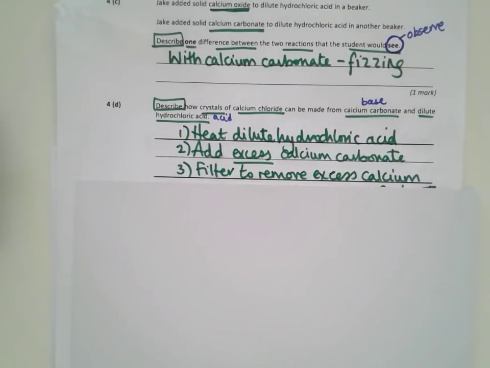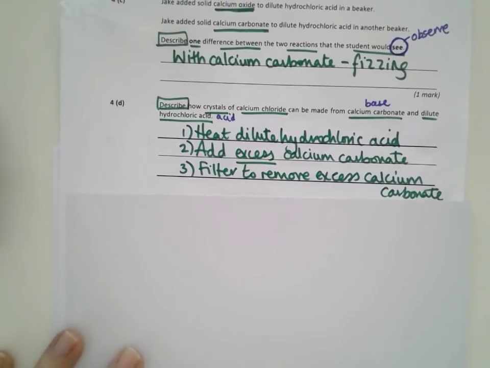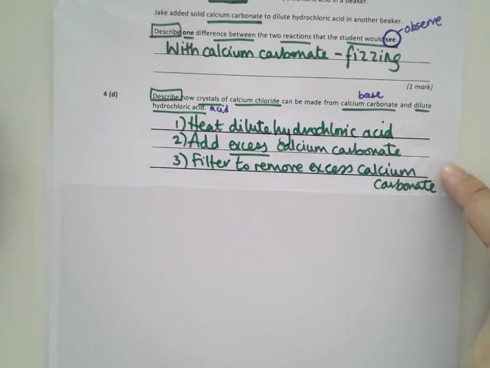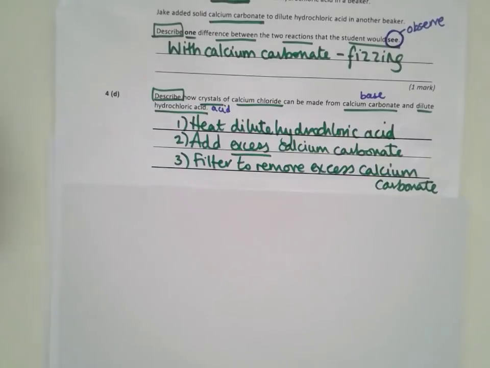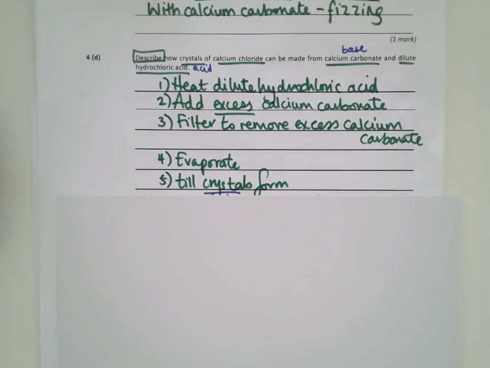So here you filter to remove the excess calcium carbonate. After that, you left it to evaporate. Remember this, evaporating. And then finally, you evaporate till crystals form, and these crystals are the calcium chloride crystals.